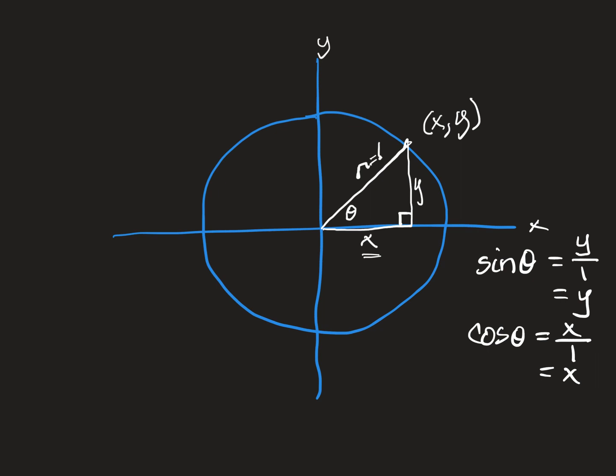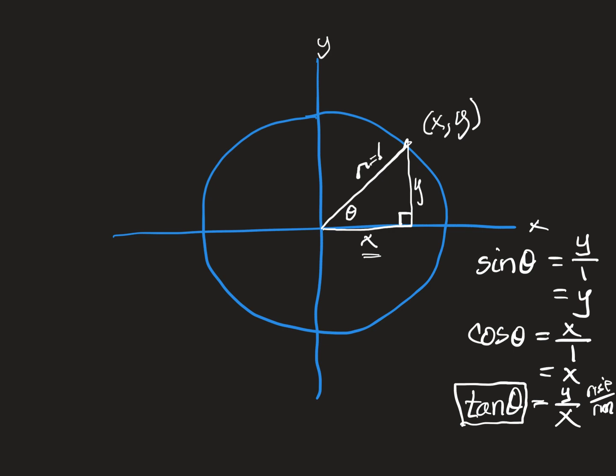So the cosine is equal to x. And then finally, the tangent of theta is going to be the opposite over the adjacent, or y over x, which, just so you know, is the rise over the run. So the tangent of an angle that a line makes with the x-axis is actually its slope. Did you know that? Oh my gosh, now we're connecting all the way back to algebra.